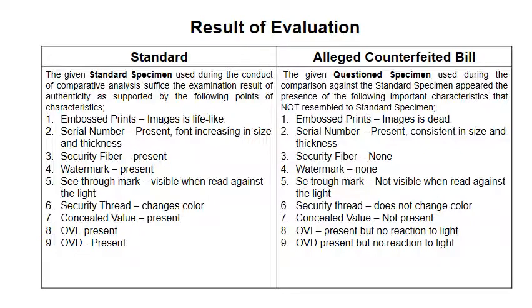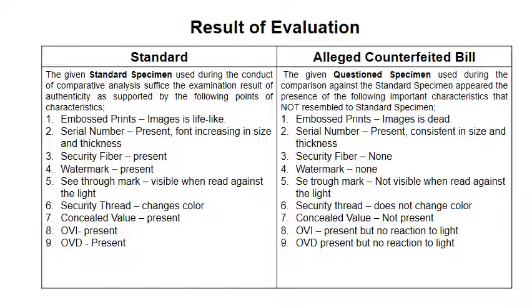The see-through mark or the baybayin in the standard 1,000 peso bill is visible when held against the light, while in the other bill, the alleged counterfeited bill, it is not visible when held against the light. The security thread changes color in the standard, while in the alleged counterfeited bill, the security thread does not change color.